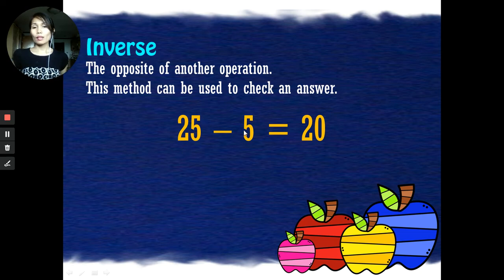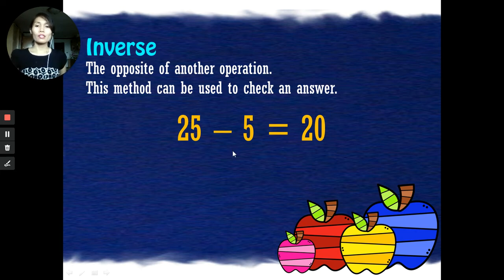But when the subtrahend or the difference is the missing number, then you have to subtract from the minuend, because in this operation, the minuend is the greatest number. So to find the smaller number, you have to subtract. But when you're looking for the greatest number, then you have to add the smaller ones. So that means add the subtrahend and the difference equals the minuend.